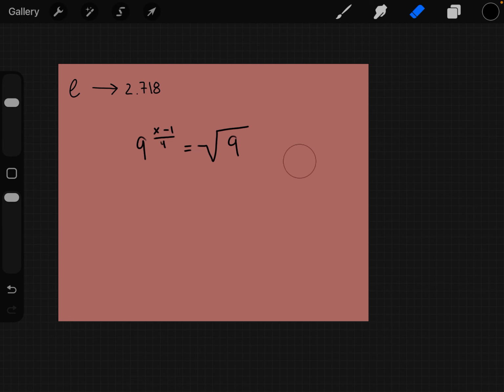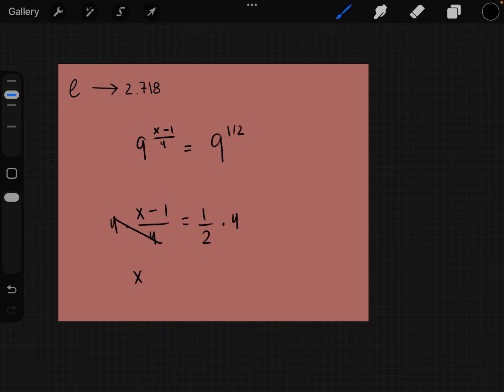That's a quick explanation, so we'll rewrite that. And then set them equal to each other. Four over 2 just ends up being 2.